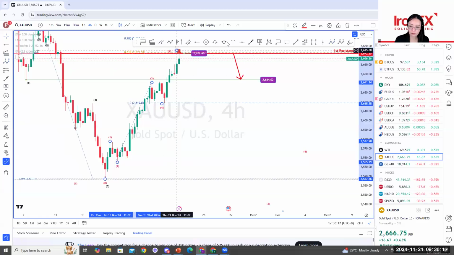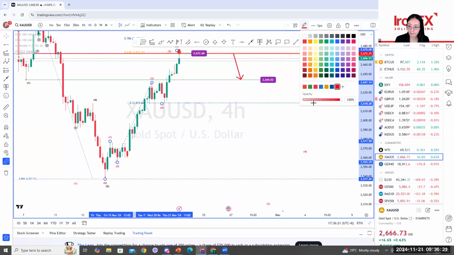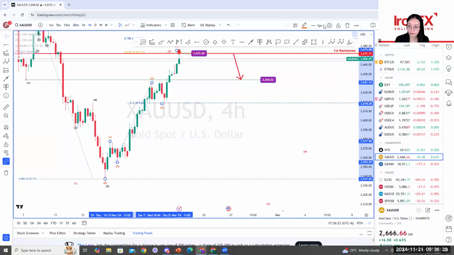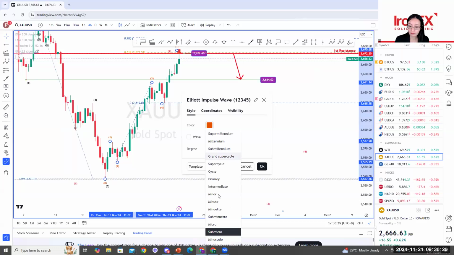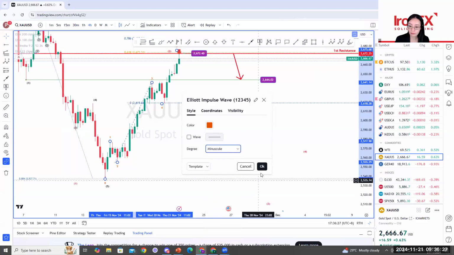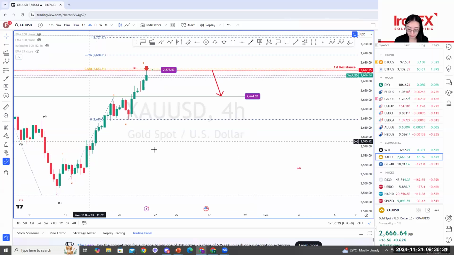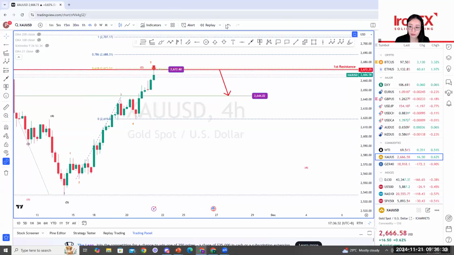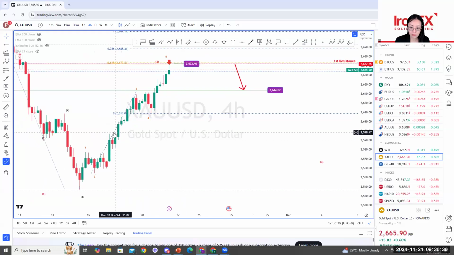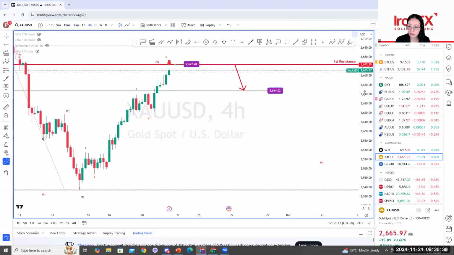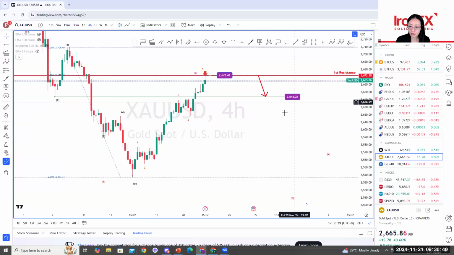And this should be the end of wave 5. Okay, so we sell at the confluence level there. Okay, so TP, if you hand hold, it's here, okay?